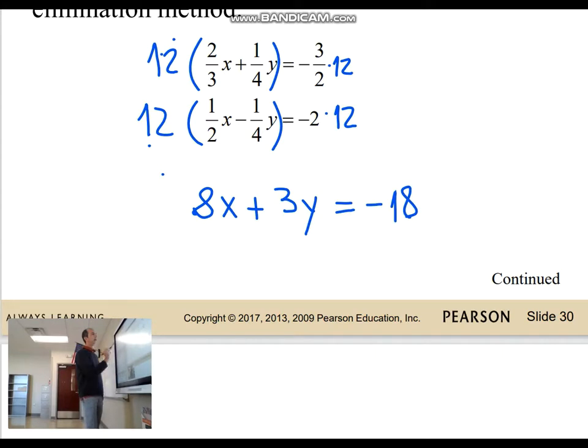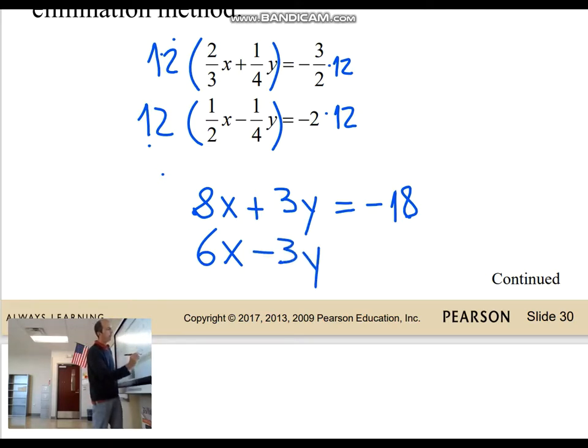Now the second one, apply the distributive property here. 12 times 1, 12 divided by 2, 6. 12 times negative 1, negative 12 divided by 4, negative 3. And negative 2 times 12, negative 24.